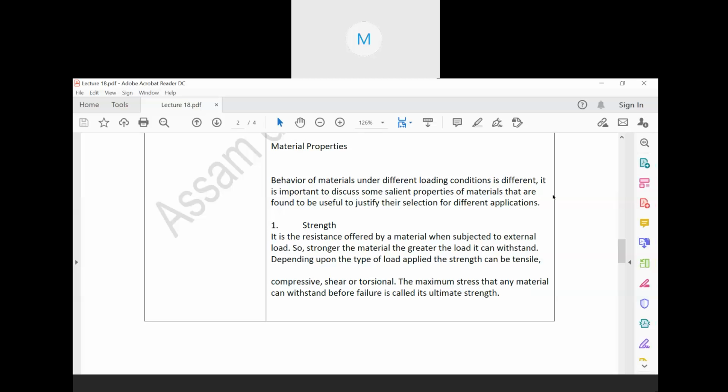No idea? Anyone? Any idea? Nishita, what do you say? The action of twisting.